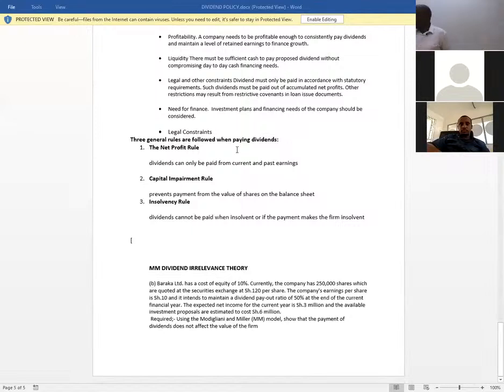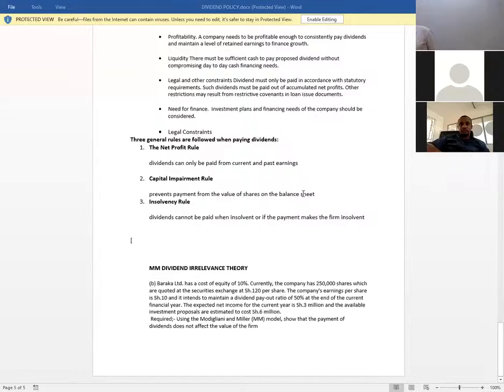On the general rules and legal constraints, three general rules are followed when paying dividends. Number one, the net profit rule: dividends can only be paid from current or past earnings. The capital impairment rule prevents payment from the value of shares on the balance sheet.